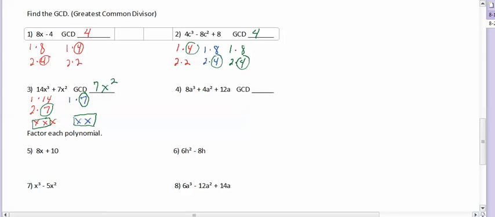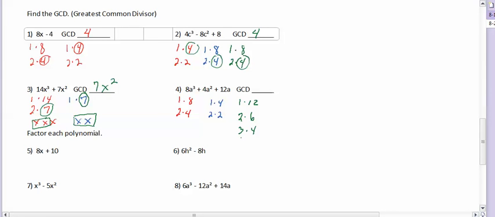Okay, number 4. It has a 1 and an 8, a 2, and a 4. 4 has a 1 and a 4 and a 2 and a 2. 12, you can multiply 1 and 12, 2 and 6, 3 and 4.